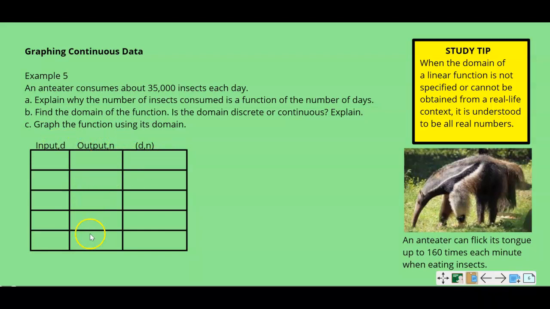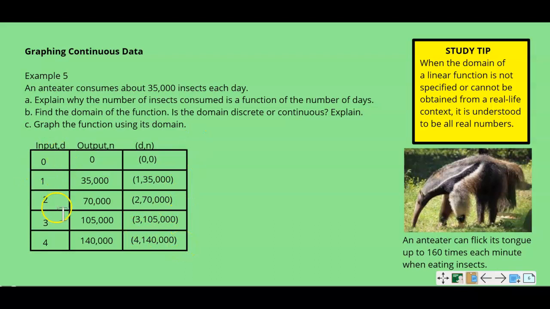So the first thing I want you to do is go ahead and pause the video. I want you to make a table, complete the table so that we can decide whether this is discrete or continuous and talk about what we need to do to graph it and answer these questions. All right, check to make sure your input and output table is correct.